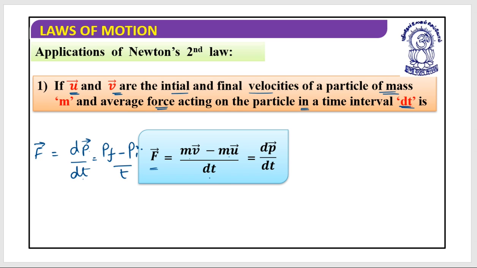That means within this frame of time, the velocity of the particle is changing from u to v. Here one thing you must consider is that v is a vector and u is a vector.